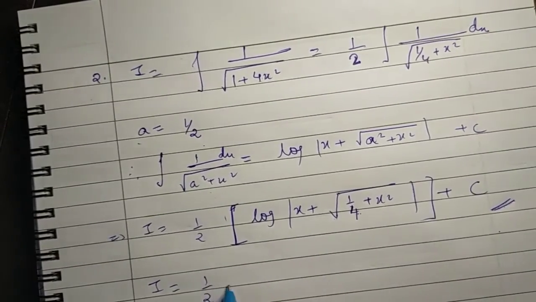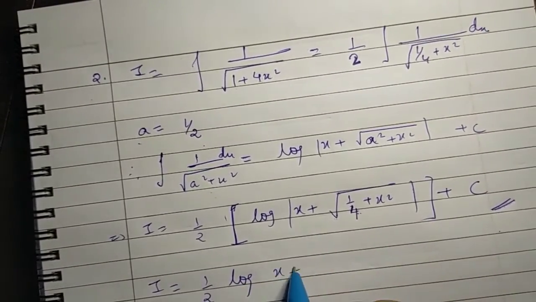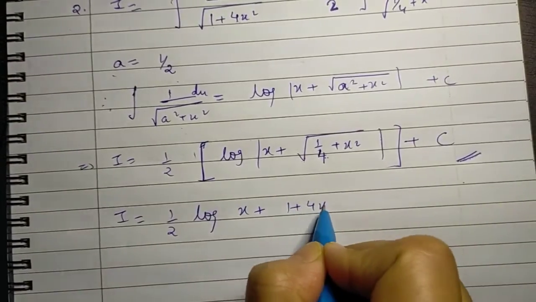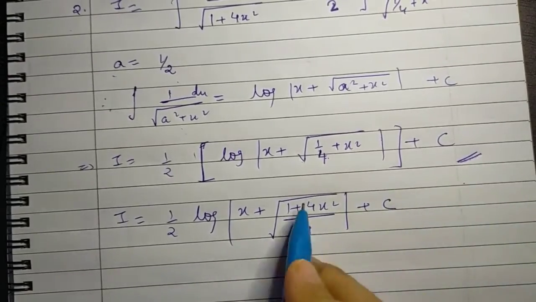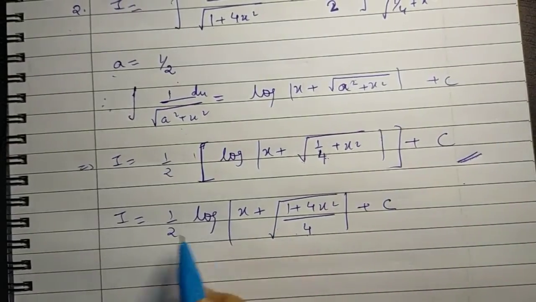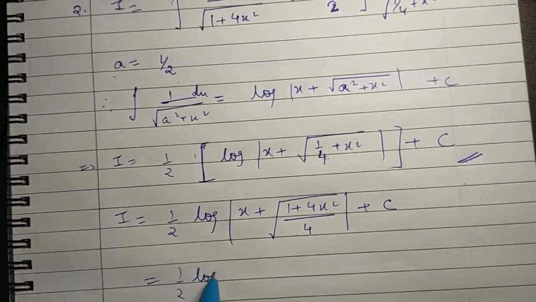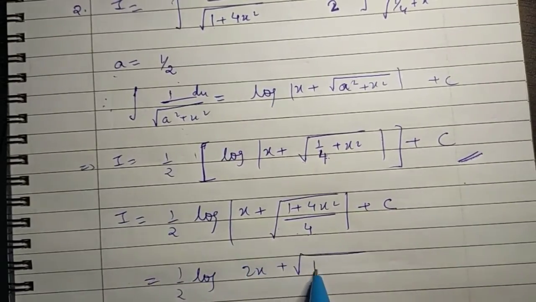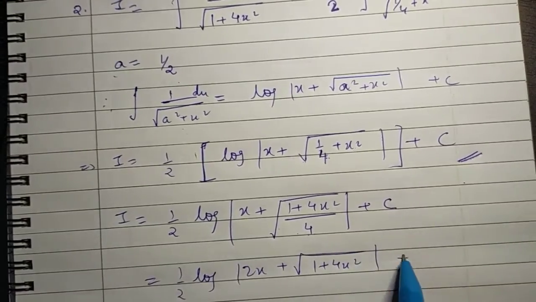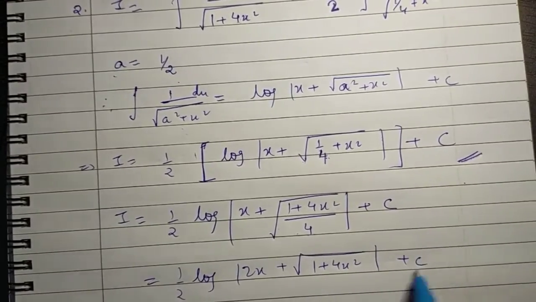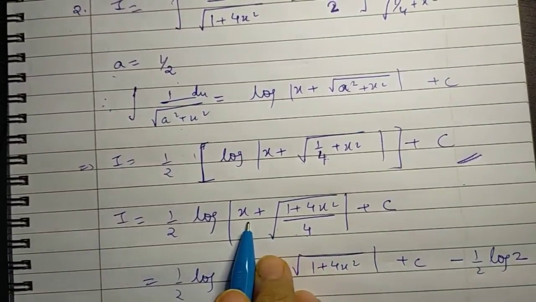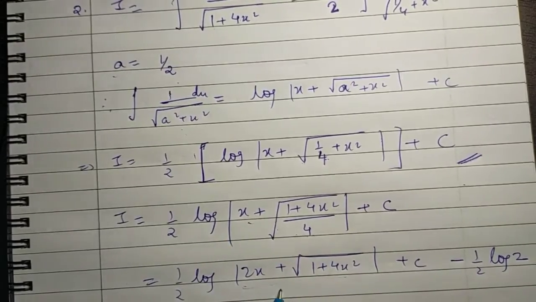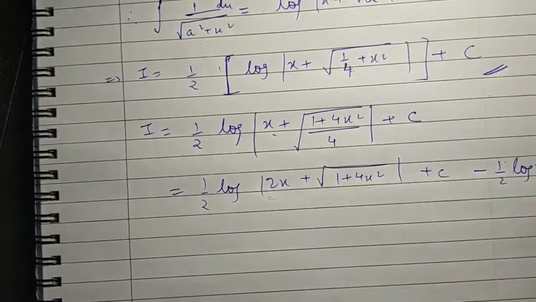So what do we get? 1 upon 2 log. Now what I get is 1 plus 4x square upon 4 whole under root plus a constant. This 4 comes out, becomes 2, and so this becomes half of log of 2x plus under root of 1 plus 4x whole square plus a constant, and minus half log 2, because the denominator of this whole thing had the denominator 2, which can be split up as minus half log 2.